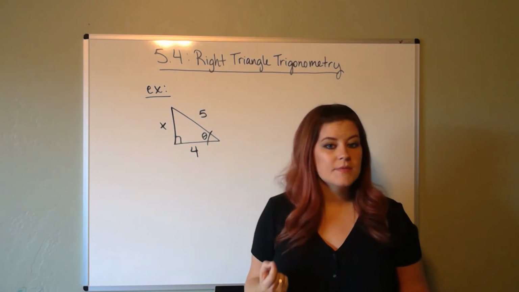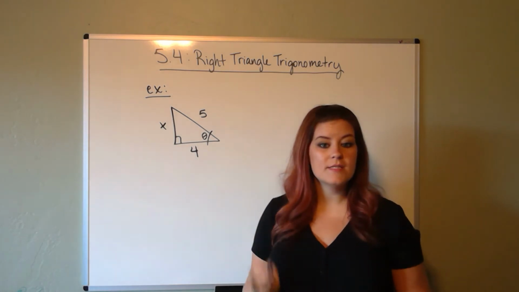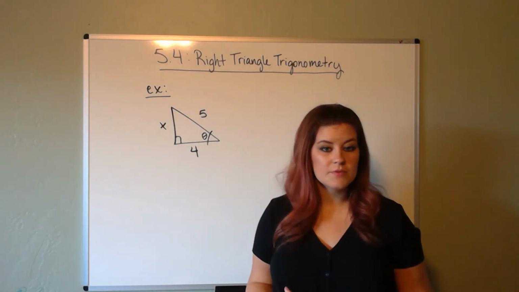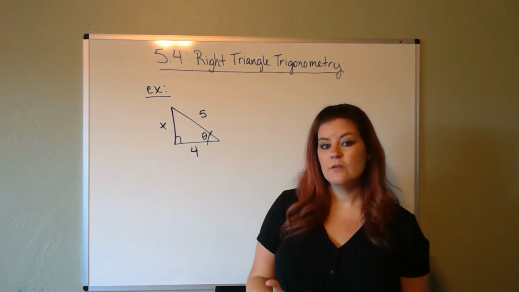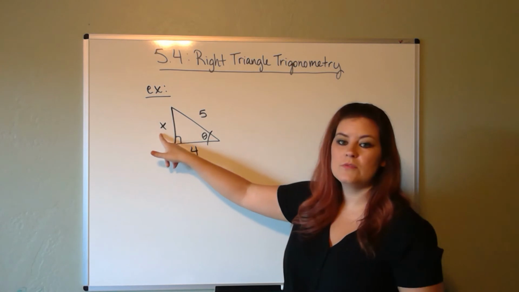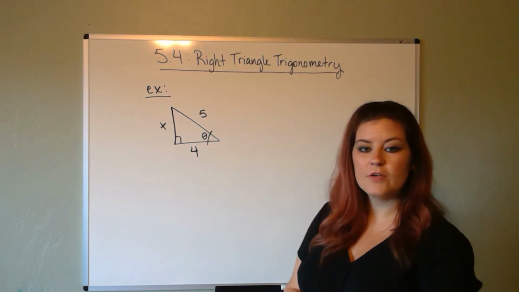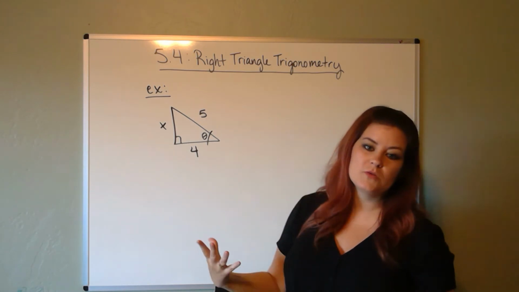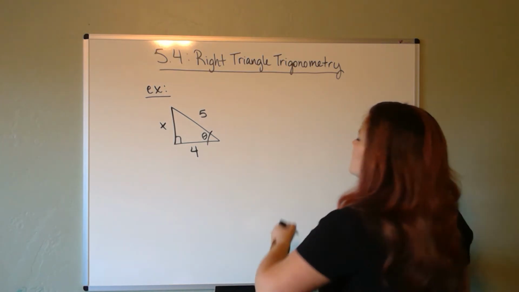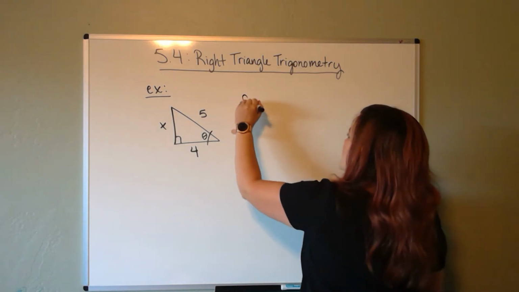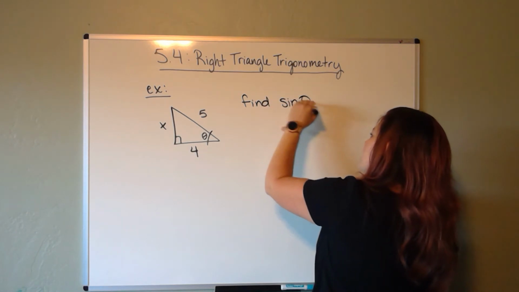If we don't have the opposite side, we can't find sine, we can't find tangent, and we can't find the reciprocals of those 2. So in this problem, it's going to be asking for a ratio that needs the use of this side. So we have to find the side first. This goes back to your geometry review. It's just kind of combining 2 things into one question. So let's say that this question says find the sine of theta.